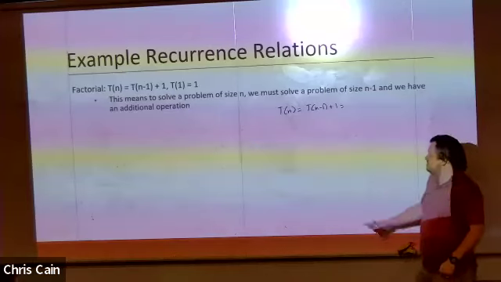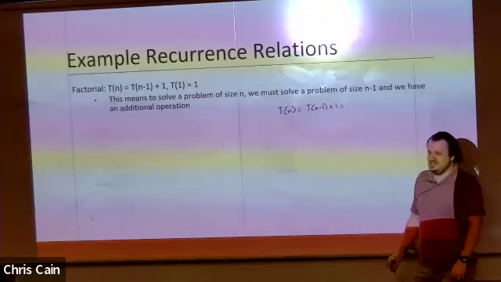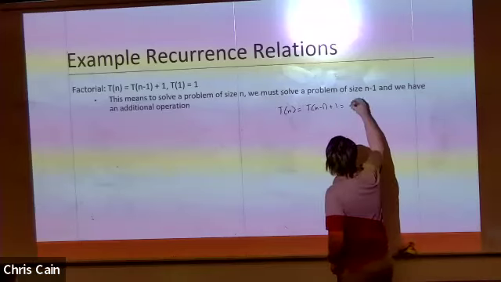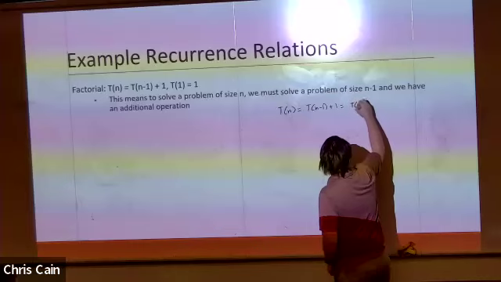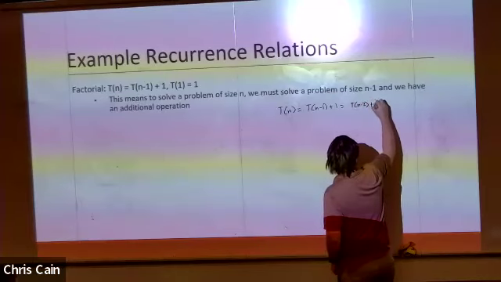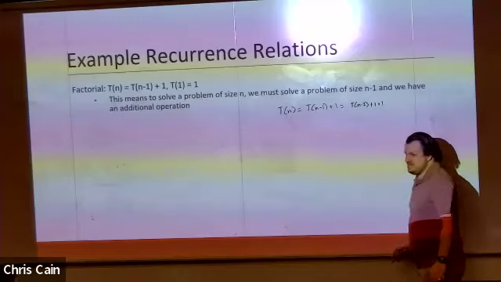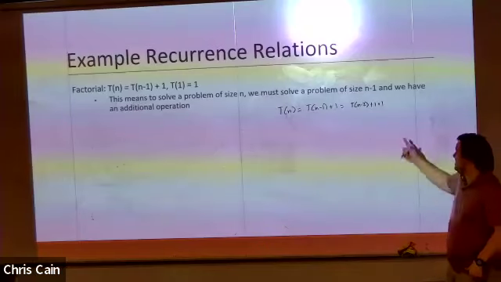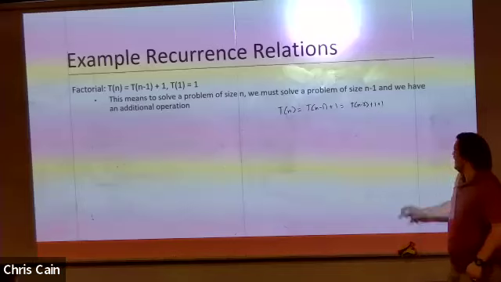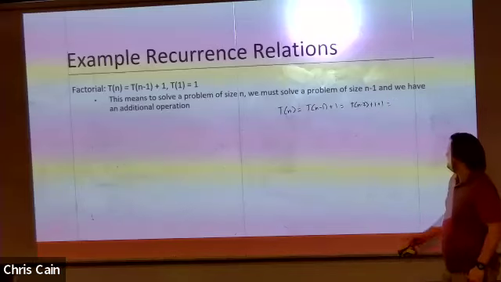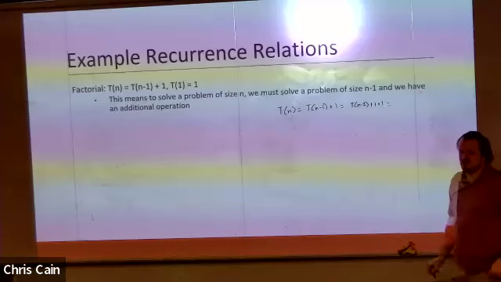We just make a direct substitution of n for n minus one. And this allows us to say that this is equivalent to T of n minus two plus one plus one. I'm leaving it as plus one right now because we want to see how many of these there are. And this allows us to continue this process every time we add one and decrement one inside of here.